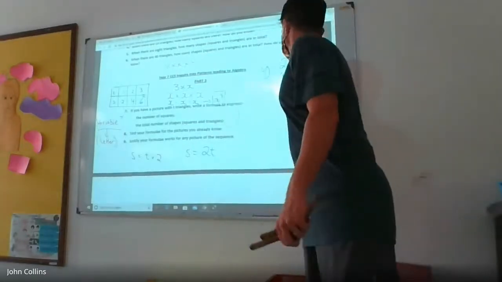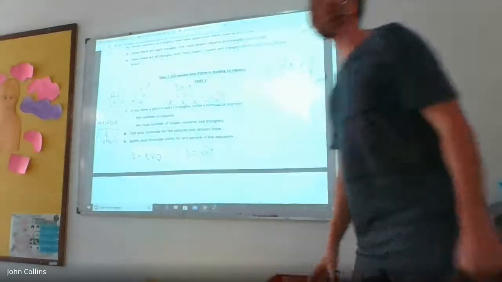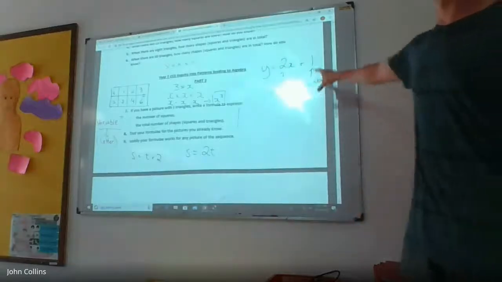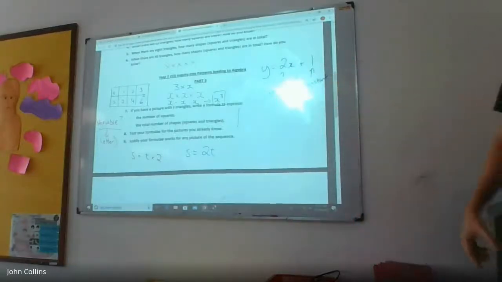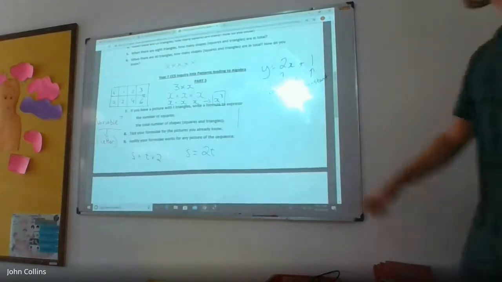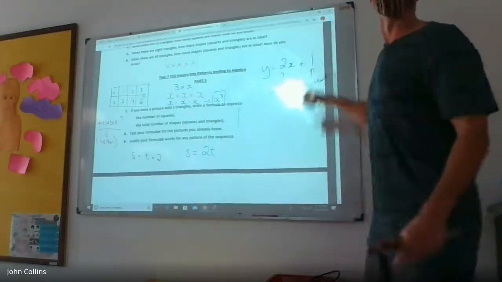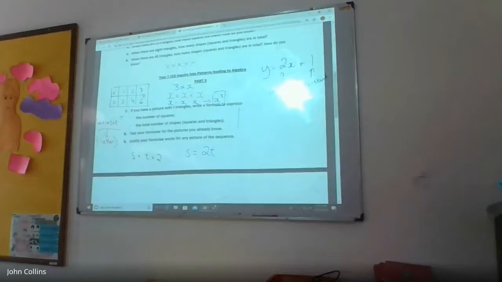Now, this is my side note here. Could I put this in a table with X's and Y's and numbers? Could I convert this? So this is a formula. You created your formulas with S's and T's in that investigation, didn't you?